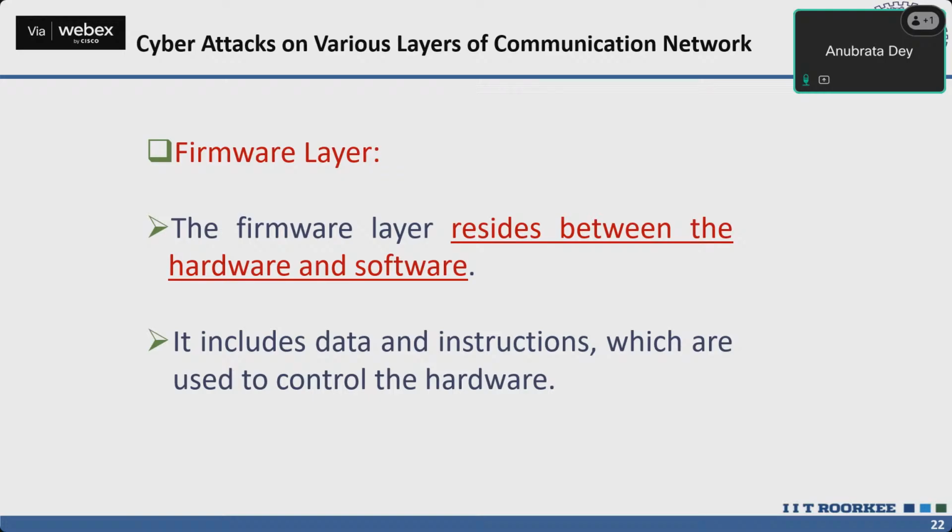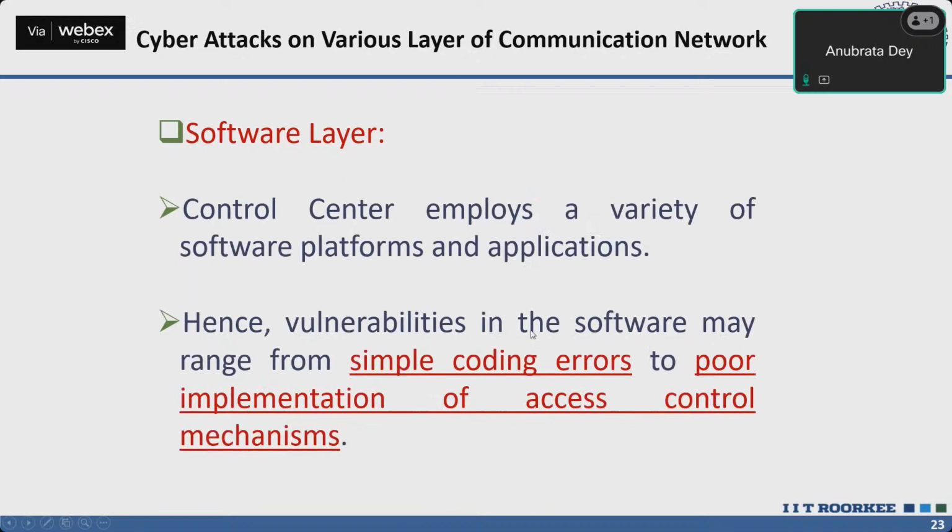So what is the firmware layer? It is where you install several instructions: how your hardware works, what the syntax is, what backups are available, what the input and output units are, what the contacts are. All such instructions are there in the firmware layer, right? And the third one is the software layer.